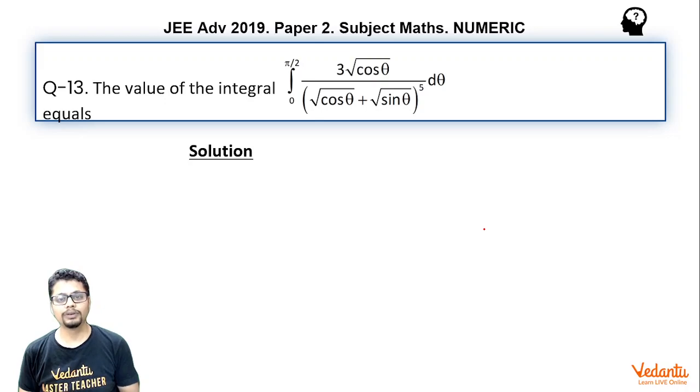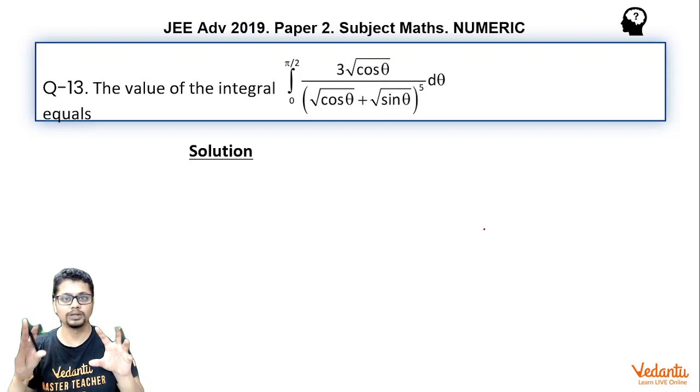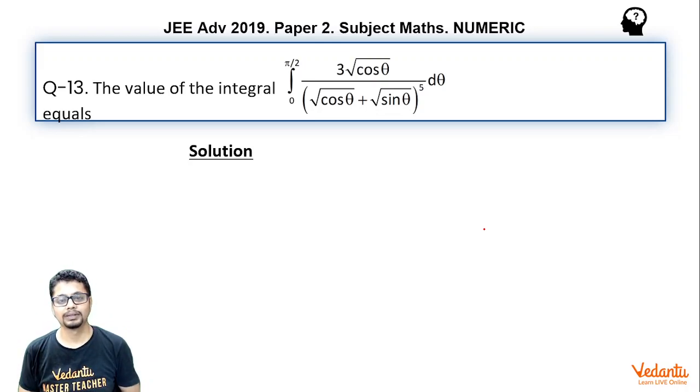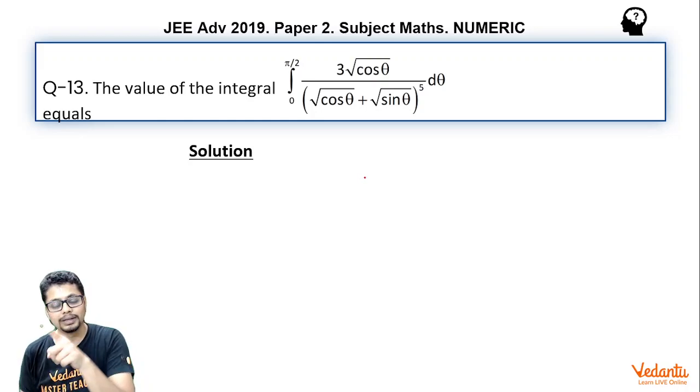But as you do this, it will become integral 0 to pi by 4. If you think and try to visualize, (root cos theta plus root sin theta) whole to the power 5 will come common in the two terms f(x) and f(2a minus x), and the numerator essentially would become root cos theta plus root sin theta, which will cancel out, and ultimately you'll get, using that property, integral 0 to pi by 4, 3 by (root cos theta plus root sin theta) whole to the power 4 d theta.